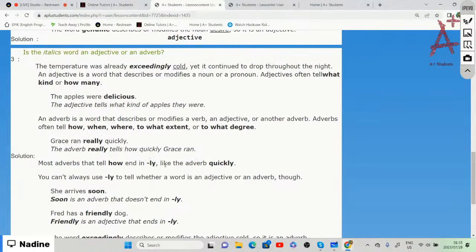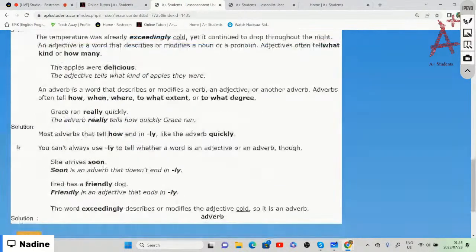In this case, exceedingly describes or modifies the adjective cold, which means this word exceedingly is an adverb.